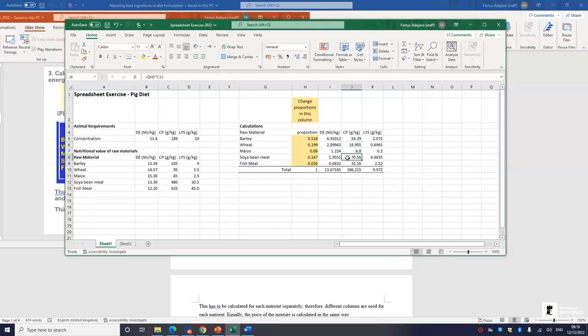And even though soybean meal has a relatively low inclusion level, because it is a feed of very high protein concentration, it is supplying 70 gram of protein to that mixture. And fish meal, very, very low inclusion level. But because it has a very high protein concentration, it is still supplying about 35 gram of protein.